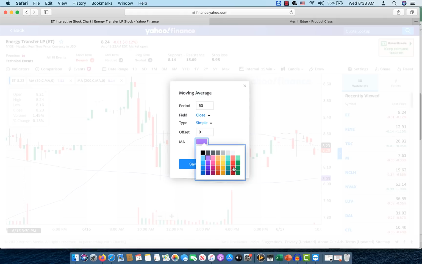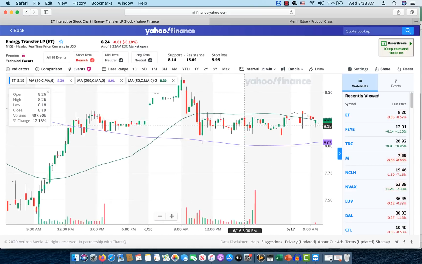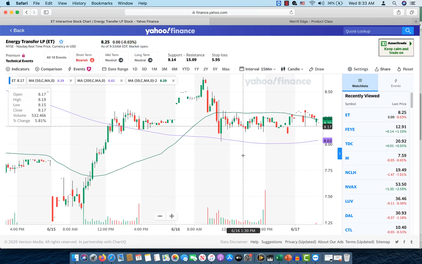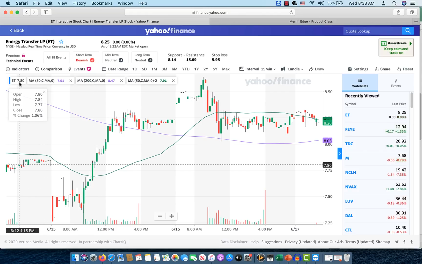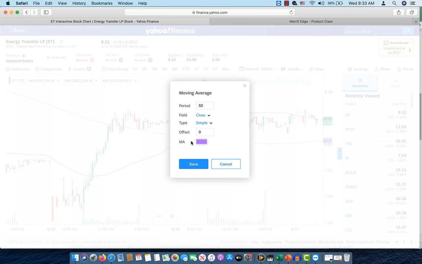Let's give it a red color. Well, actually, it'd be a green color. I like to see that on the 50-day. Okay, this is ET with green. Let's make the 200-day indicator red. Okay, go over here to our 200-day, and let's make her red.